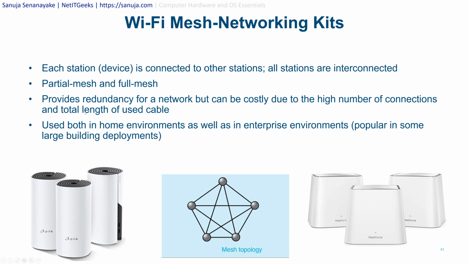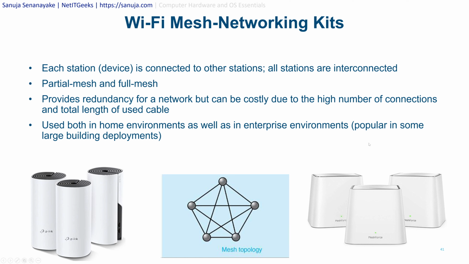And you can provide coverage for areas where it is next to impossible or harder to get a wireless signal or to install a wired cable and LAN connection. So this gives you the flexibility to get network connections into areas that would otherwise be impossible or harder to reach.